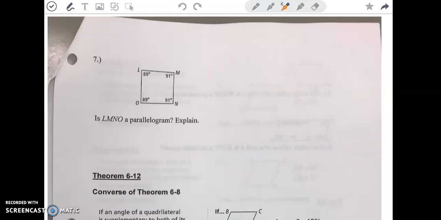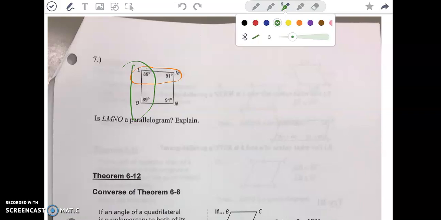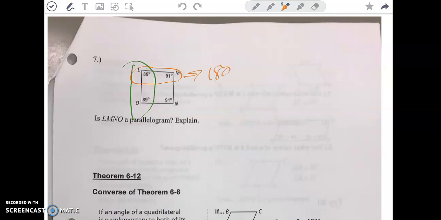Pause this, do number 7, and then come back. Just based off looking at this, we have a set, in orange, the top two there, that is supplementary. That does equal 180. But if you look at the green circled one, when you add those up, that is actually not 180. That is going to be 178.